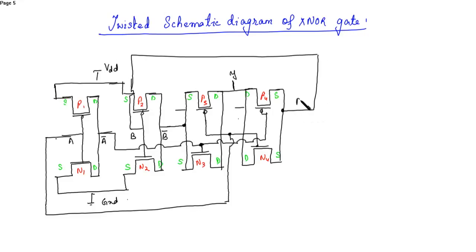This is B and this is B bar input given to both the source. This is the obtained output Y, and this is a twisted schematic of a XNOR gate, and we'll draw the layout from this twisted schematic.